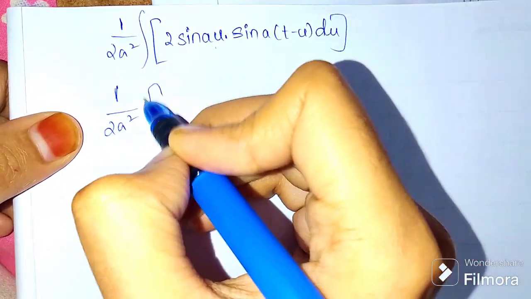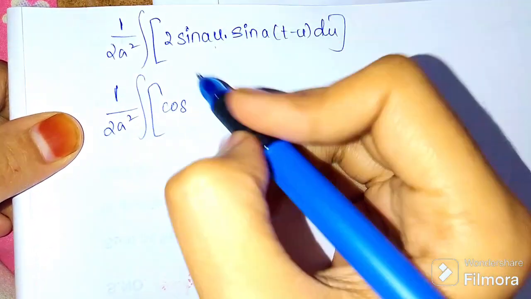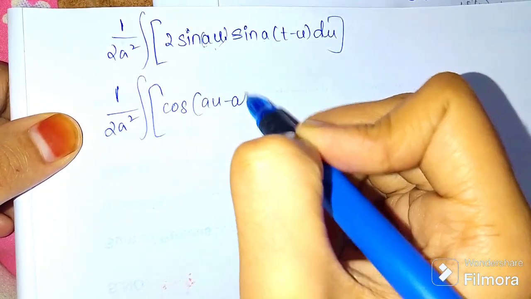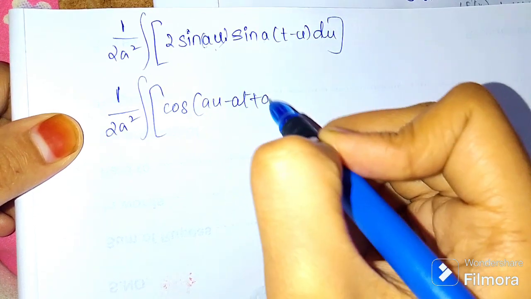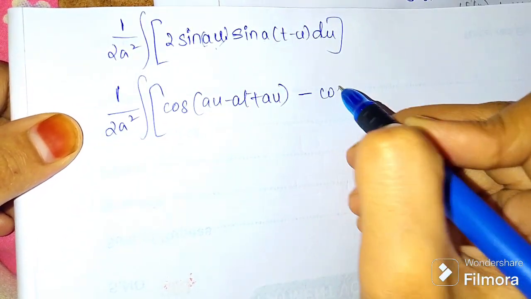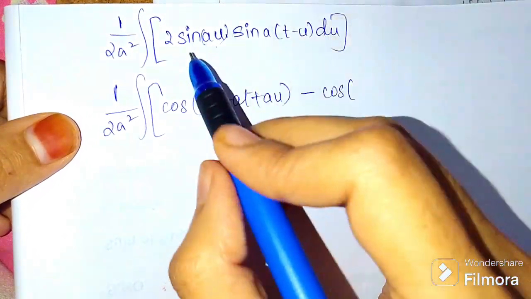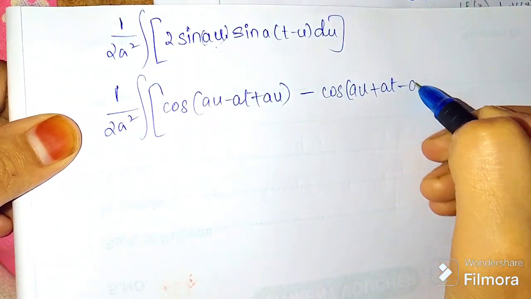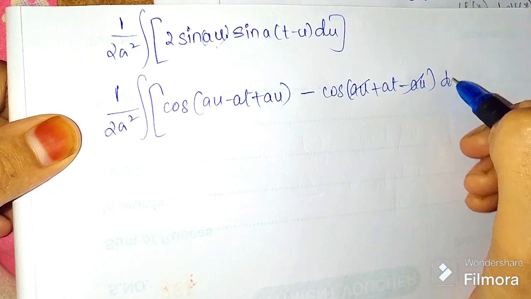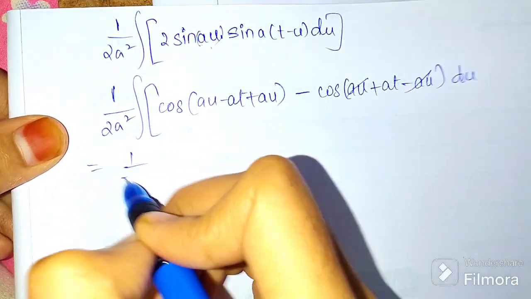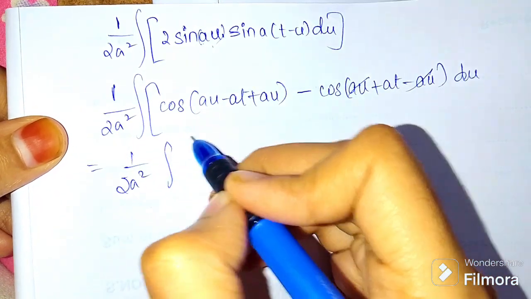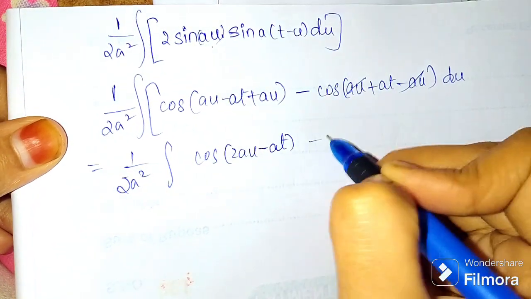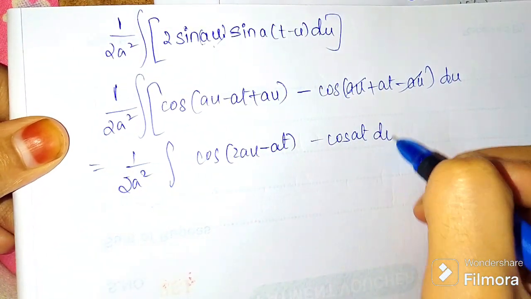Cos of A minus B, so AU minus AT minus AU, minus cos of A plus B. So A plus B means AU plus AT minus AU. So this will be cancelled. So we will get cos of 2AU minus AT minus cos AT du.